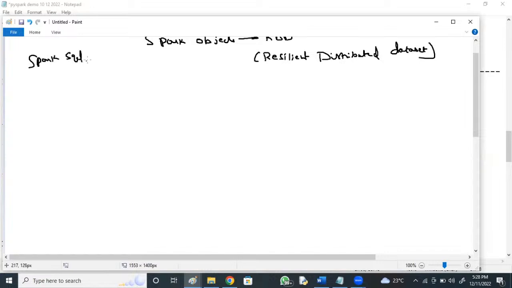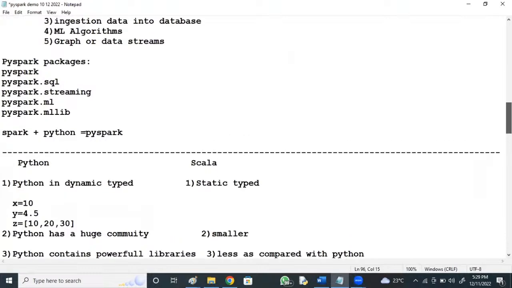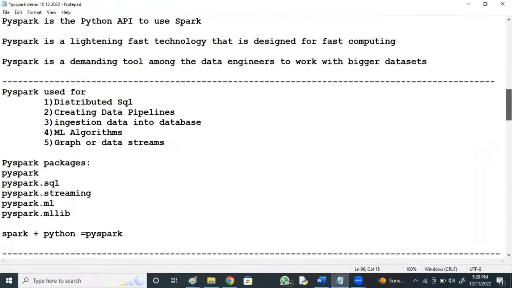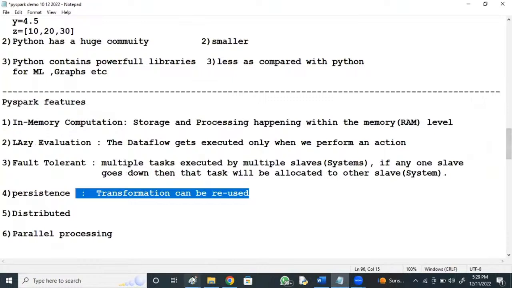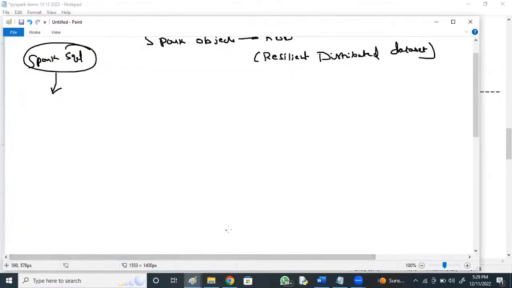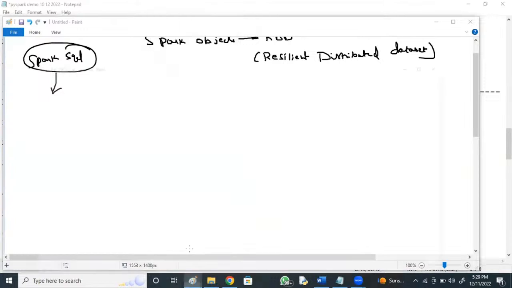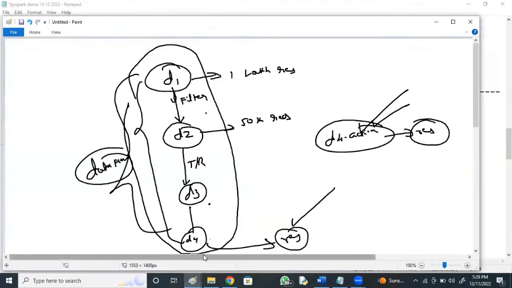Sir, but you mentioned that we cannot use Spark for interactive, in the previous slide.